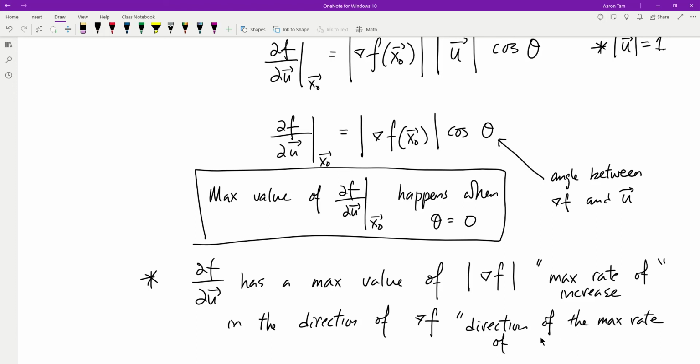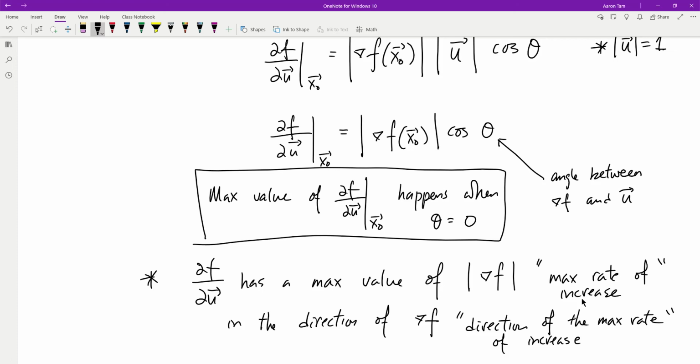So the important part about the gradient, which we just discovered, one of the important applications of the gradient, is that the gradient points in the direction of maximum increase. Because it requires the direction that we move to have a 0 angle with the gradient for it to yield the maximum value of our directional derivative.